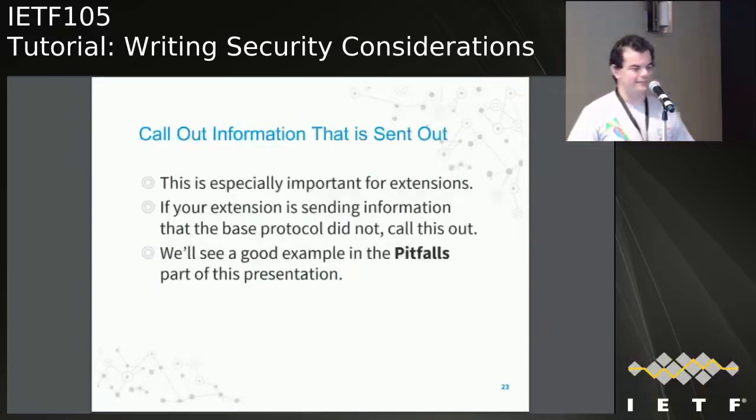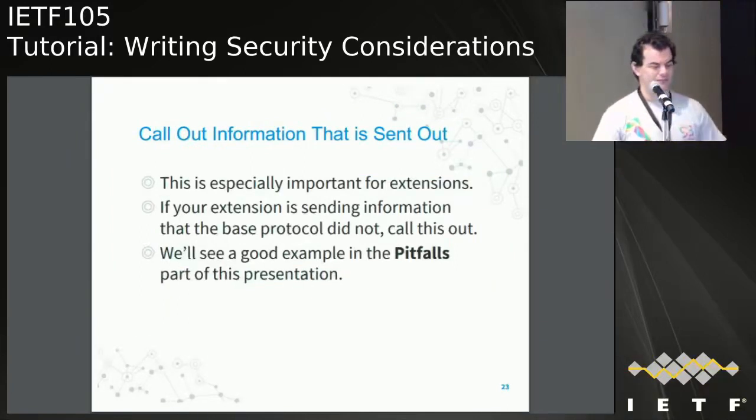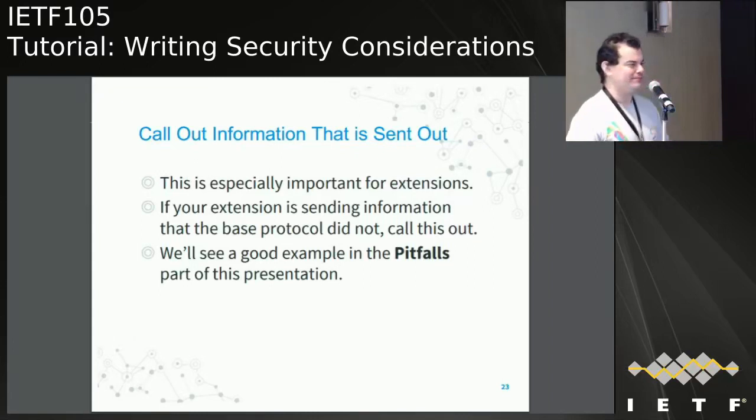Okay, and this is very important for extensions: call out information that is sent out. One time I got a document to review that had an extension for a protocol that included a message with the IP address of the server. This extension sent, in addition to the IP address, the name of the person managing it, his email address, and his phone number.